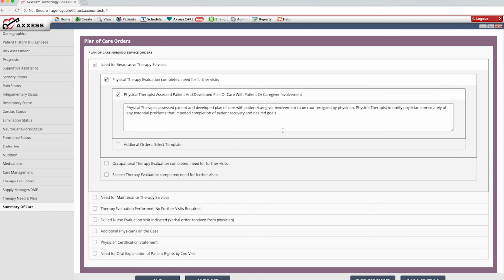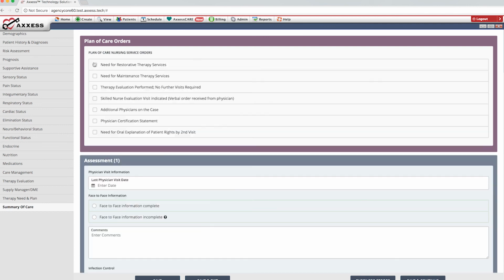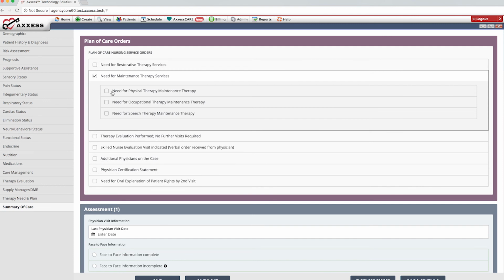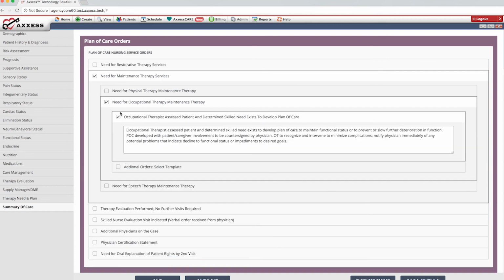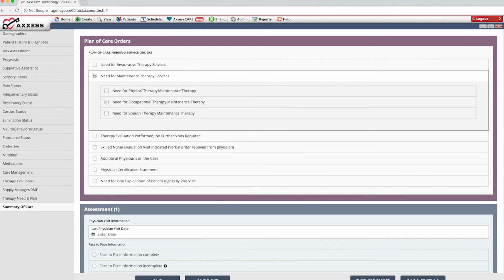And this is the verbiage that will appear on the plan of care. If they need maintenance therapy, then you're able to check that information, and that's what will appear. So quite naturally, they cannot have restorative and maintenance therapy, so you can choose one or the other.